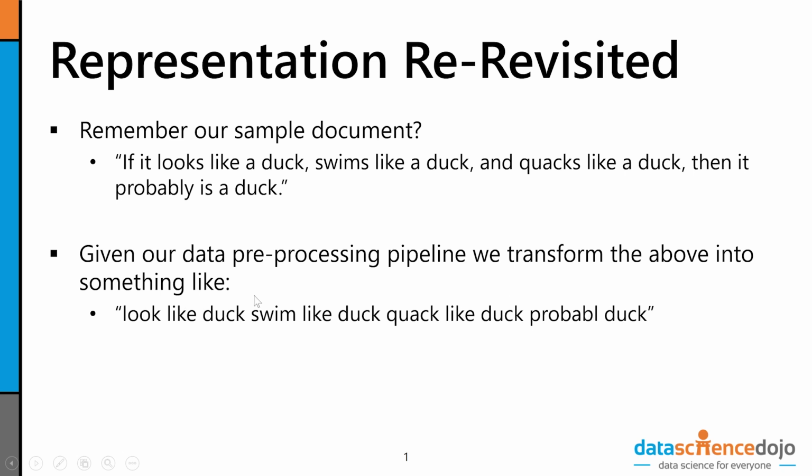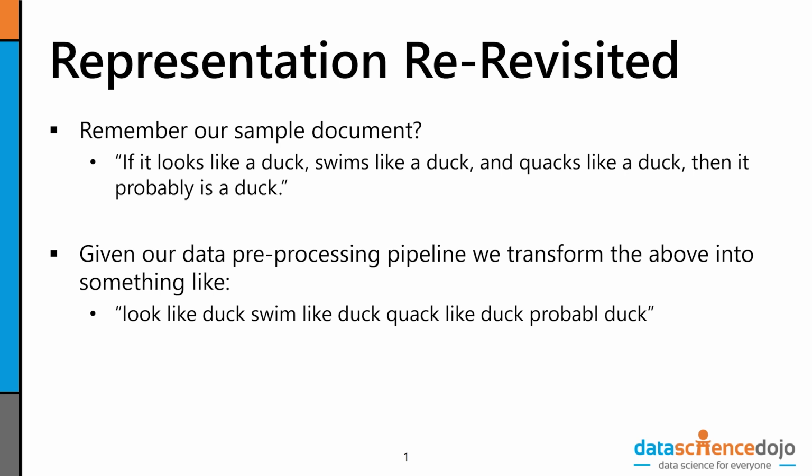Right? First and foremost, we lowercased everything. Second of all, we removed all the punctuation, and then we removed all the stop words, and then we stemmed, because obviously you can see here, probably became probable. The rest of these were not affected by stemming, but notice words like and, then, if, and it were all removed. So essentially we get just the terms that quote-unquote matter, or potentially quote-unquote matter.